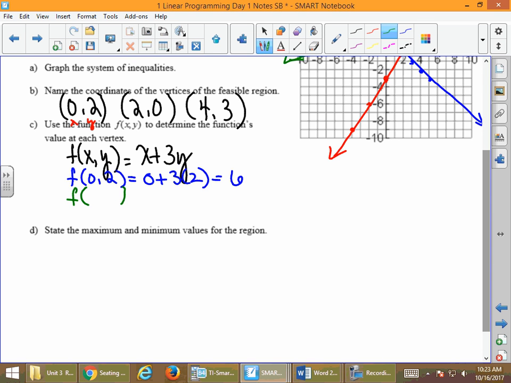The second ordered pair that I have listed is 2, 0. So 2 is going to be our x value, and 0 is going to be our y value, and we're putting it back into the f of x and y function. So this one's going to be 2 plus 3 times 0. Well, 3 times 0 is 0, so 2 plus 0 is 2.